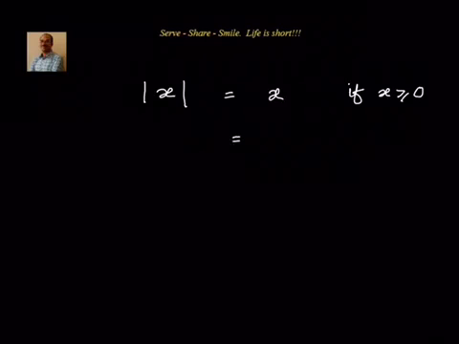Also, modulus of x is equal to minus x if x is less than 0. So, modulus function always returns positive value only. If it is negative value, we are multiplying again with minus, so we will be always returning the positive value only. This is the definition of the modulus.